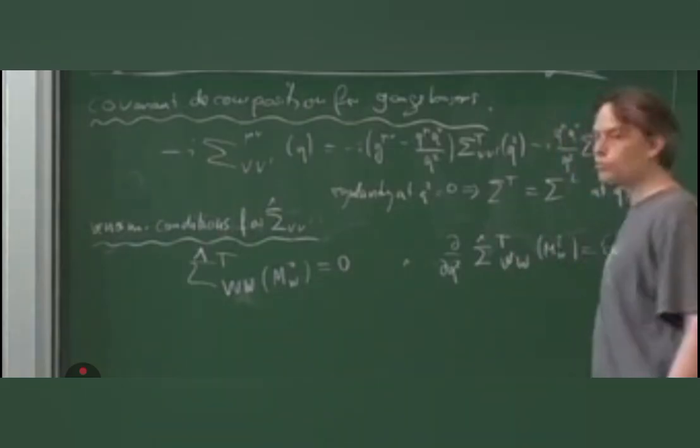That should also be 0. So these are the two conditions for the W boson.